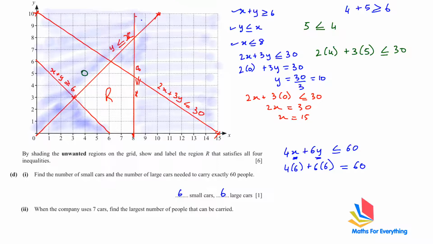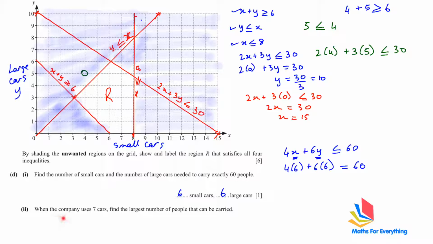And if you don't get it, you need to try substituting different points, but it has to be whole numbers. This is the small cars, x, and this is the large cars, y. Next part of the question, when the company uses 7 cars, find the largest number of people that can be carried.